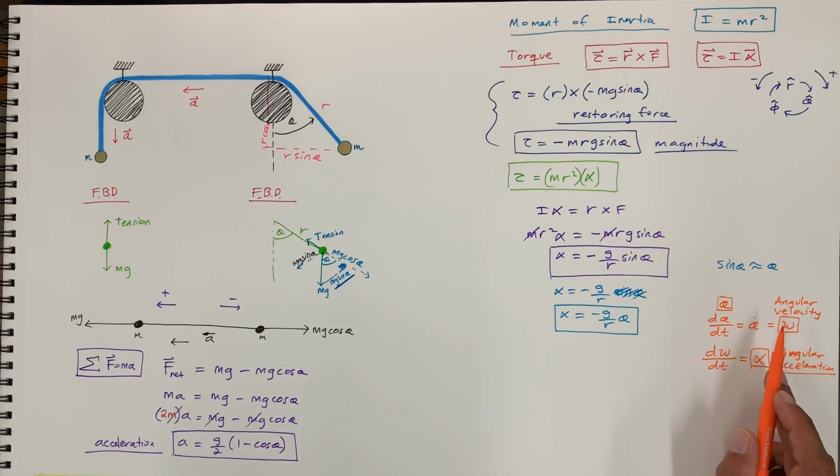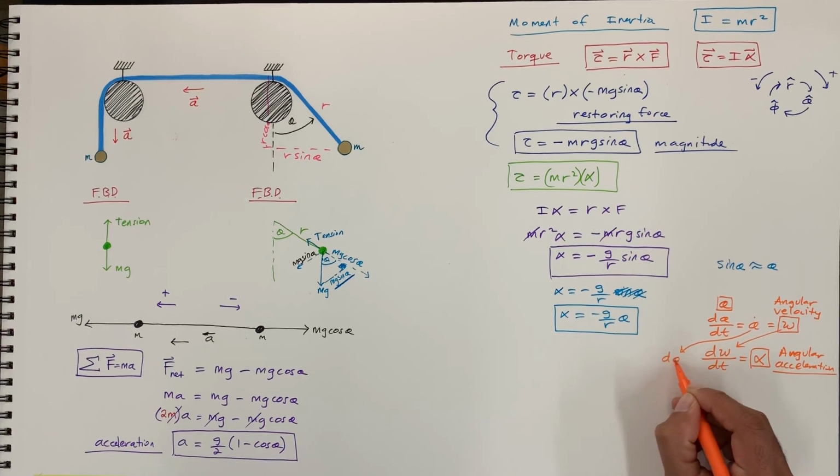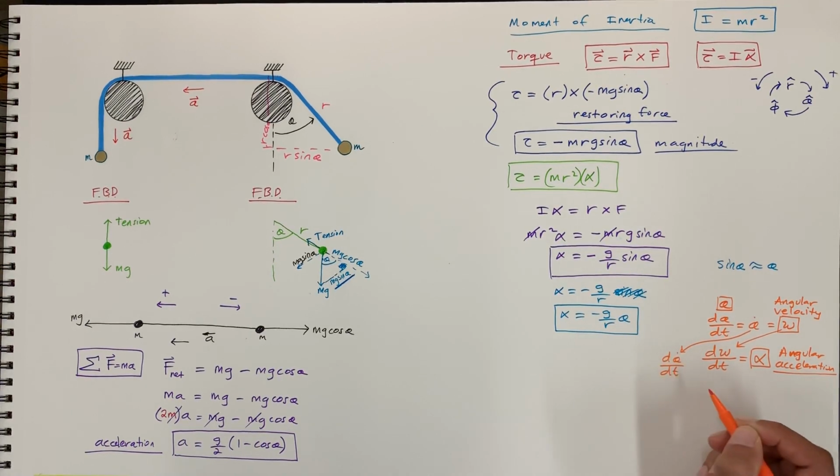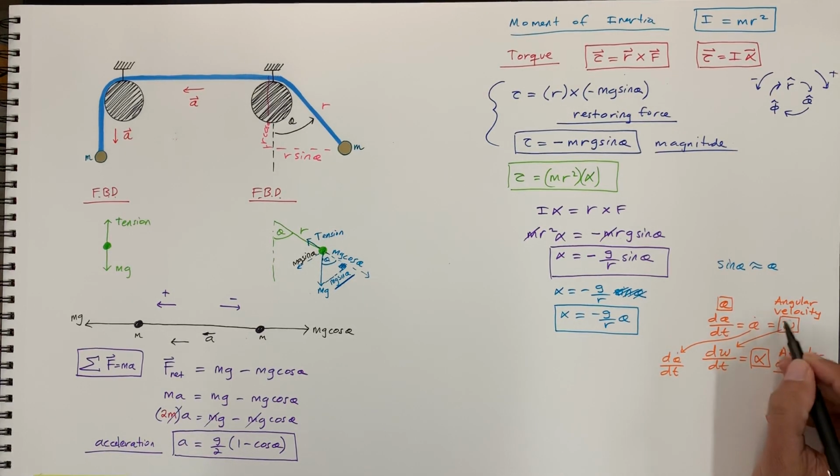If we look over here at theta dot, that represents omega. If we take the derivative of theta dot with respect to t, that's the same exact thing as taking the derivative of omega.